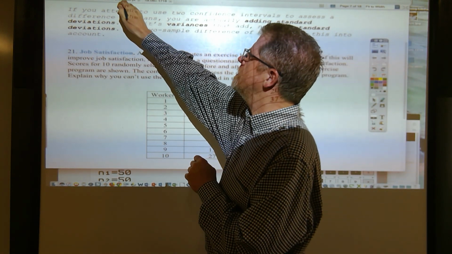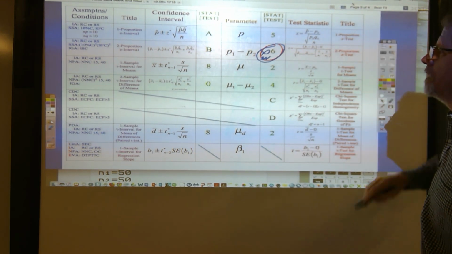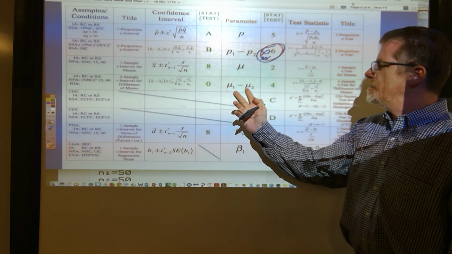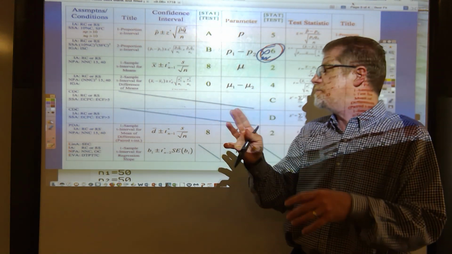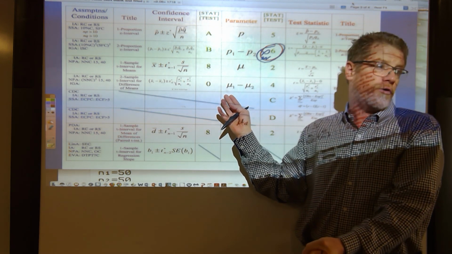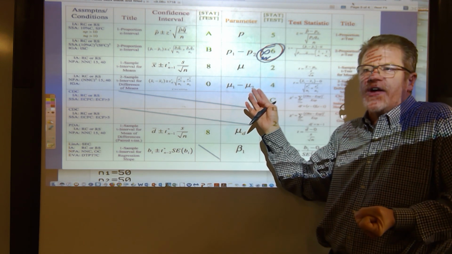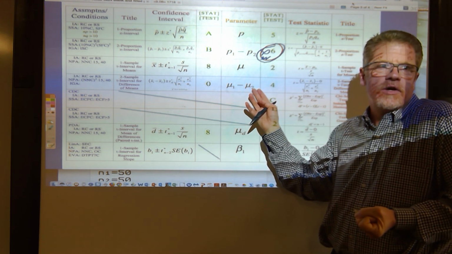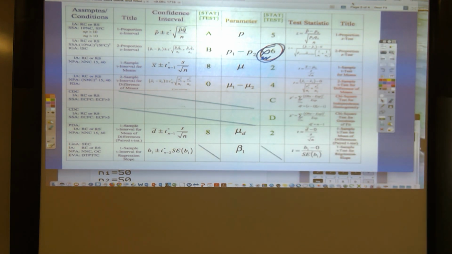So your conditions. Why would building a 95% confidence interval for the difference in means, mu1 might be average work satisfaction before forced exercise, mu2 is average job satisfaction after forced exercise, why can't we take this approach?